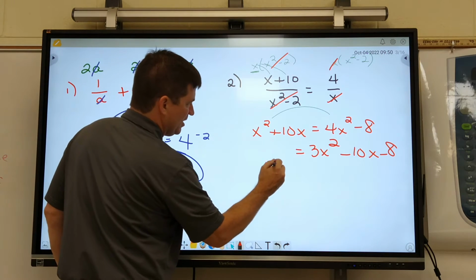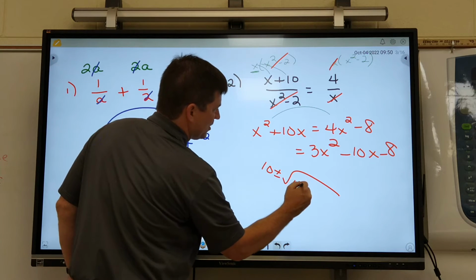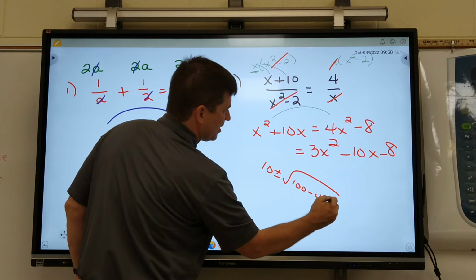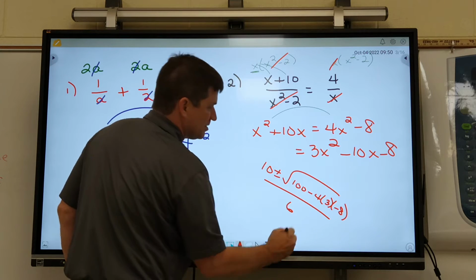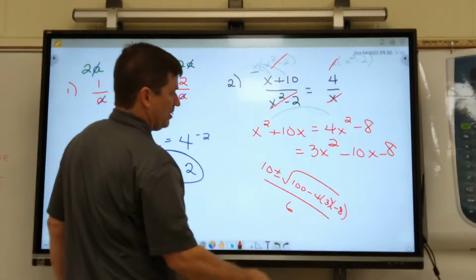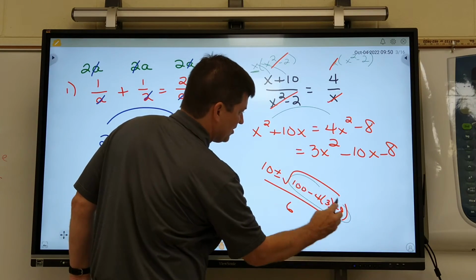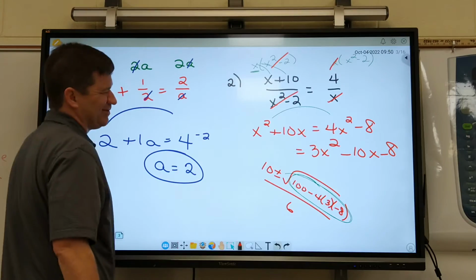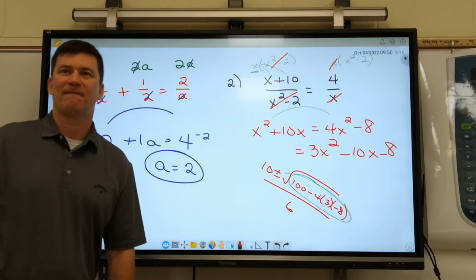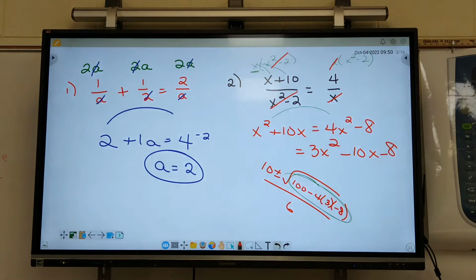All right, so I got 10 plus or minus the square root of 10 squared, which is 100, minus 4 times 3 times negative 8, over 6. Let's see. Hey, Rylan, what did you get? Type this in right here. It's 196.